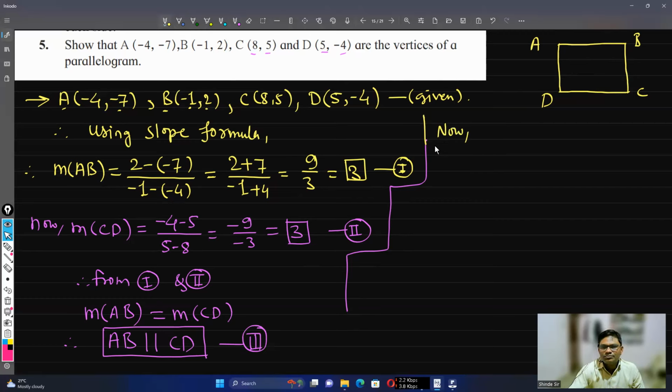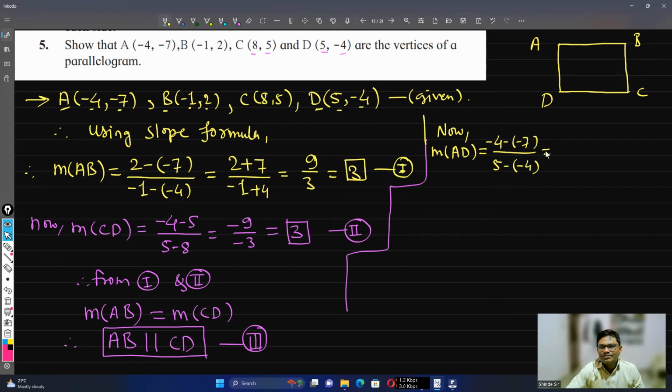Now, slope of AD is equal to, now we have point A is here and D is here. So slope of AD must be equal to minus 4 minus minus 7 upon 5 minus minus 4.